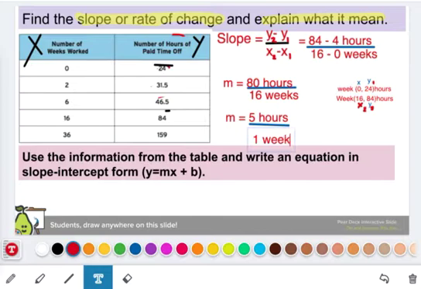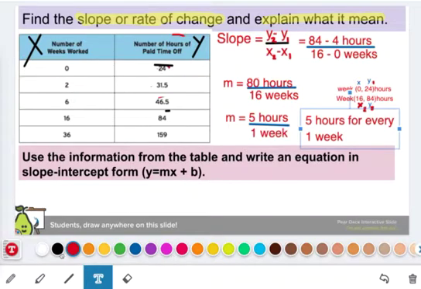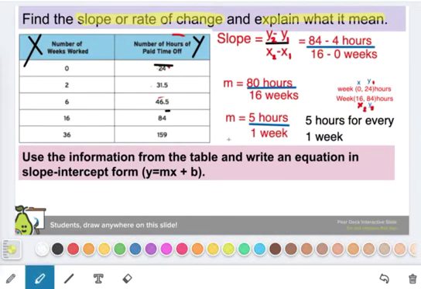So what does it mean? They work 5 hours of overtime for every 1 week of work. You can put it like that, I'll be happy. 5 hours every 1 week. Now we know that our slope is 5.